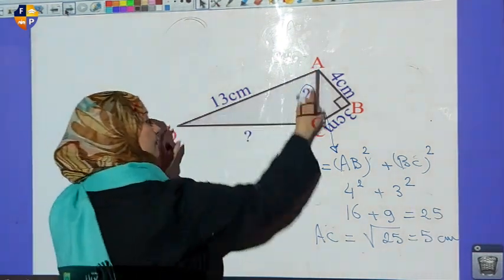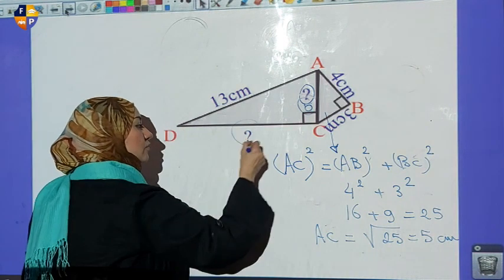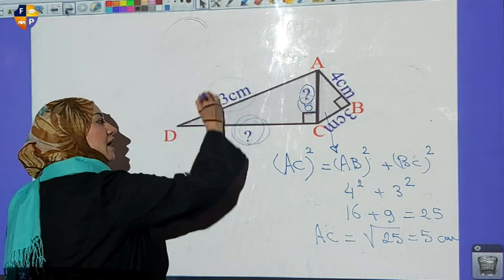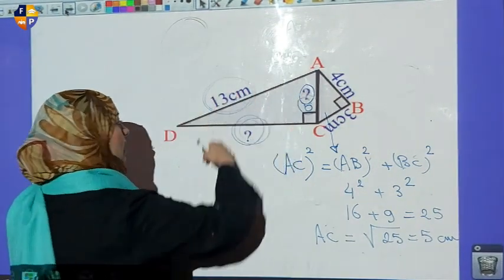Here at the triangle ACD, I have the hypotenuse here, so I make the subtraction operation.